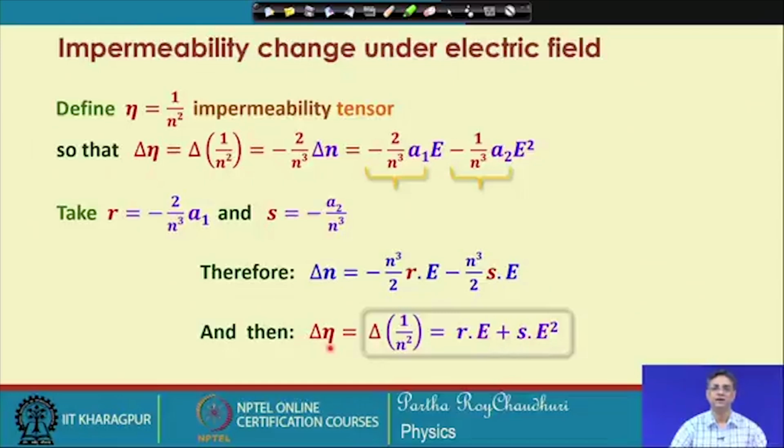So, you see that the impermeability change is a combination, a superposition, of the field dependent and the square of the field dependent terms.